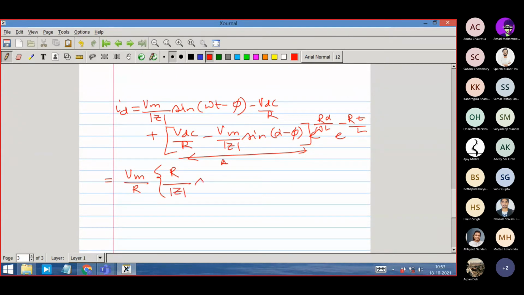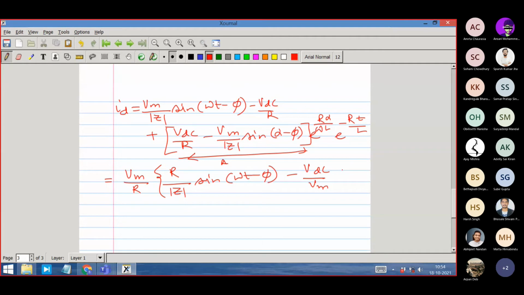I am taking Vm by r outside, and then I am writing it into sine omega t minus phi. This is one part, minus VDC by Vm, right? It is complete outside.